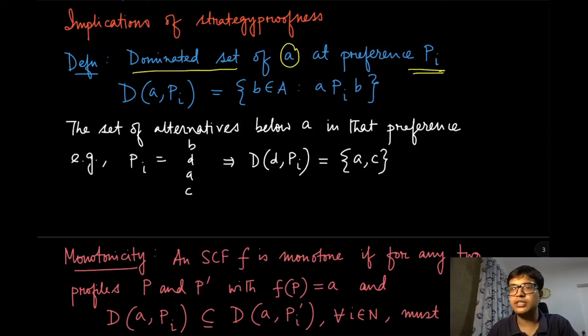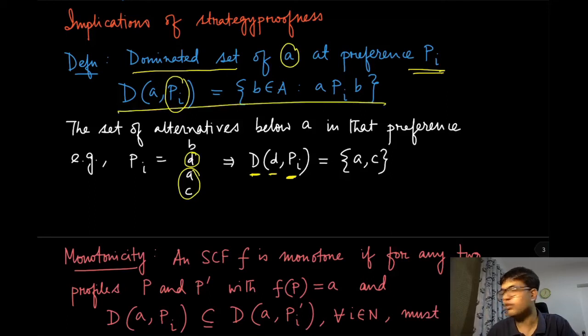As the name suggests, this is the set of all those alternatives which are below A in this preference Pi. So in this example, we have this alternative D, and the dominated set of D under this Pi is nothing but A and C, which are below that particular alternative in this preference order. This is the formal definition, and this is an example.